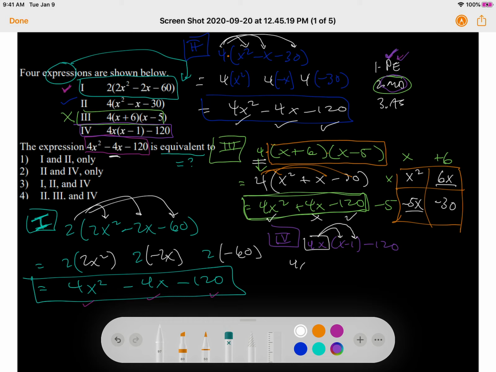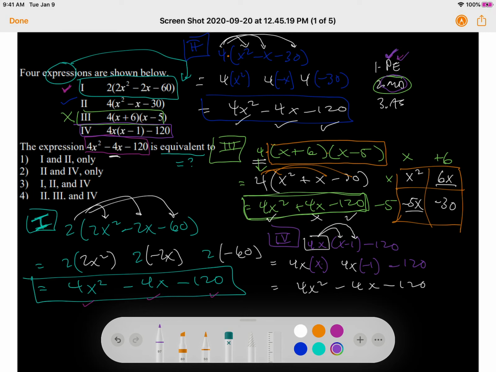So this will give me 4x squared, and this one is minus 4x. And I'm going to write the minus 120 still there. So this gives me 4x squared minus 4x minus 120.